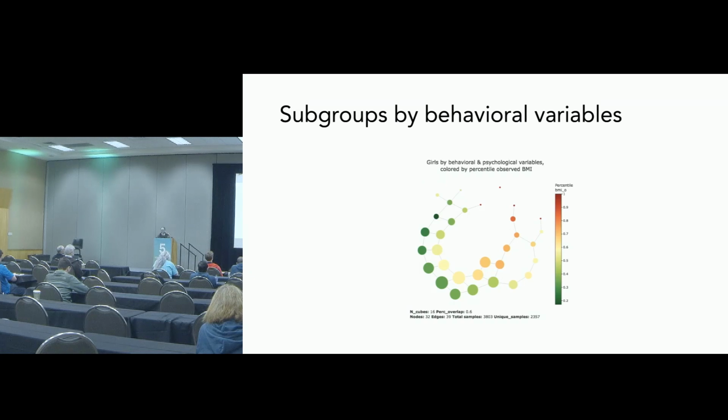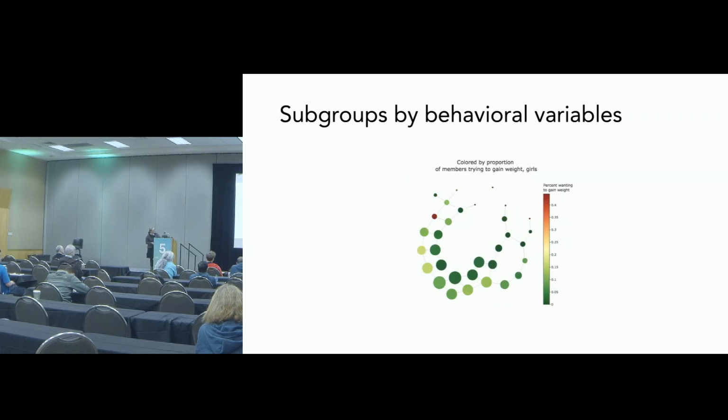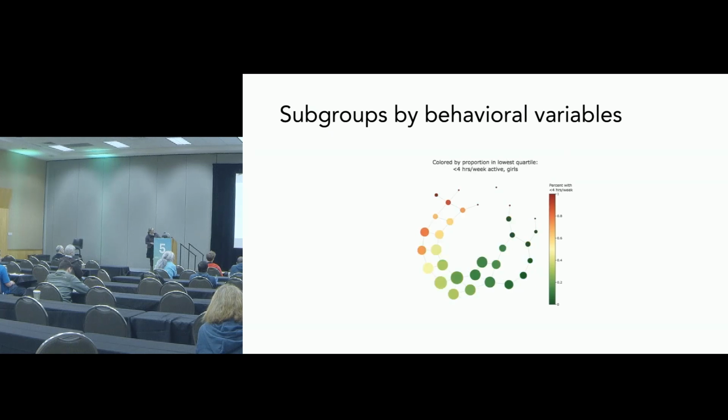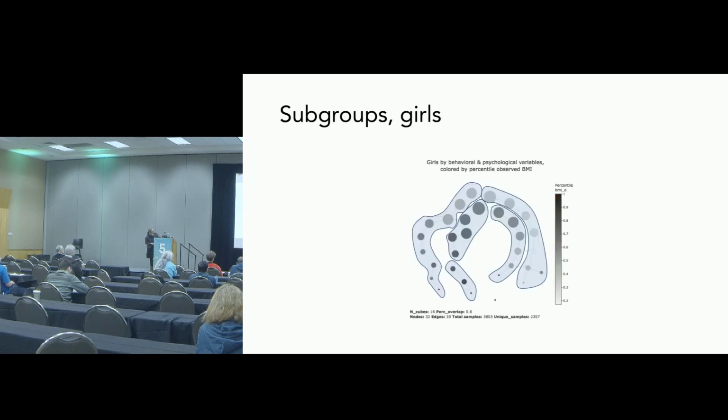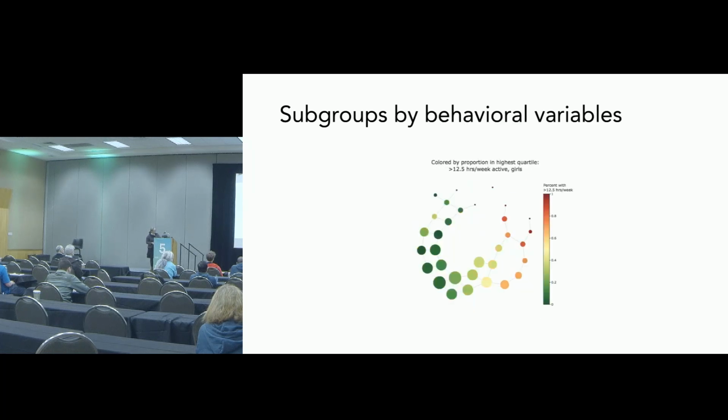Let's look at the girls' behavioral stuff for the moment. So where would you put the groups here? What's different and what's the same? Okay, that one told you my groups, although it's upside down.